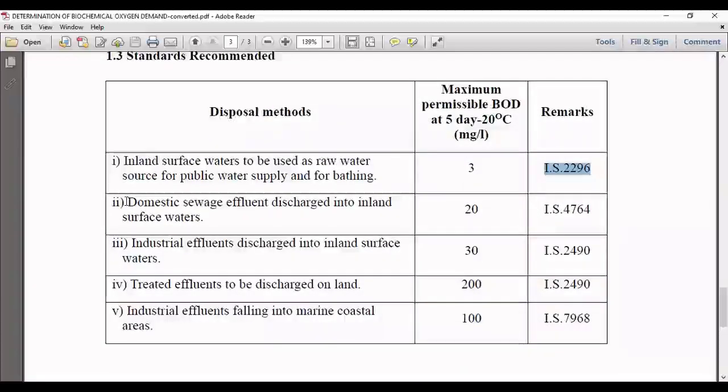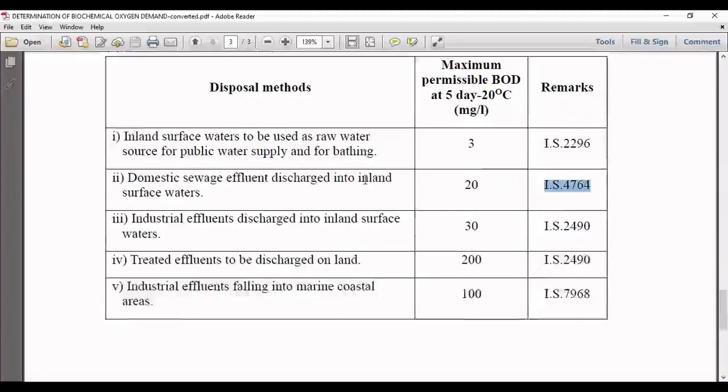If I have domestic sewage and I've treated it in the sewage treatment plant, the effluent from the sewage treatment plant can be discharged into inland surface waters only if the maximum BOD is less than 20 mg per liter, and that has been given by Indian Standard 4764.